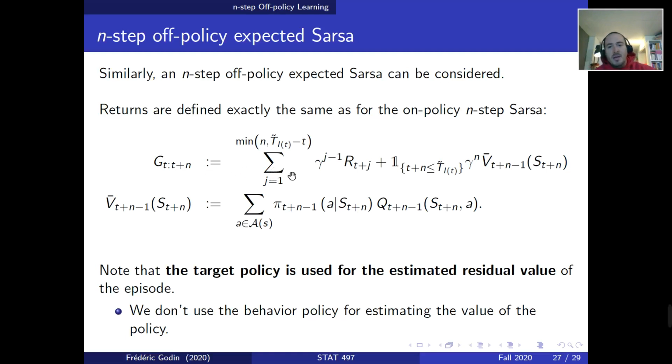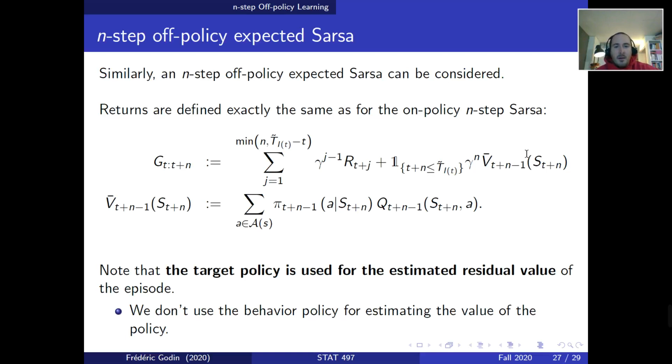The target would be the sum of the discounted rewards in the next n steps plus an indicator which is worth 1 only if the episode has not finished at time t+n, and this multiplies gamma to the power n times the bootstrapping term, where again the bootstrapping term is meant to reflect the expected discounted rewards starting at time t+n.